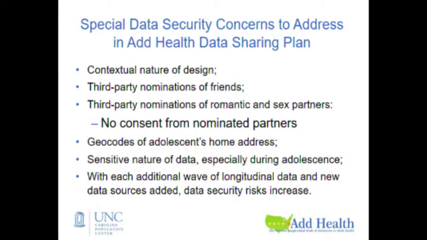We have geocodes of the adolescent's home address. A geocode is better than a name in finding somebody. The sensitive data, especially during adolescence, and then every time we add more data, the data security risks increase. It makes it easier and easier to figure out who's in the data set.